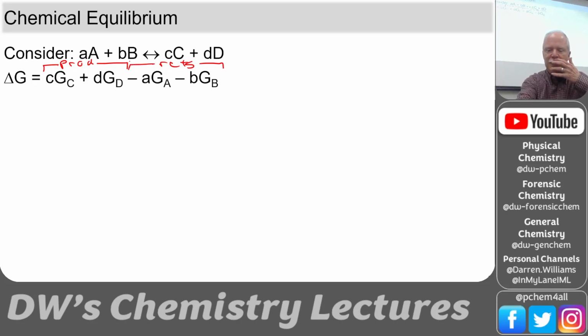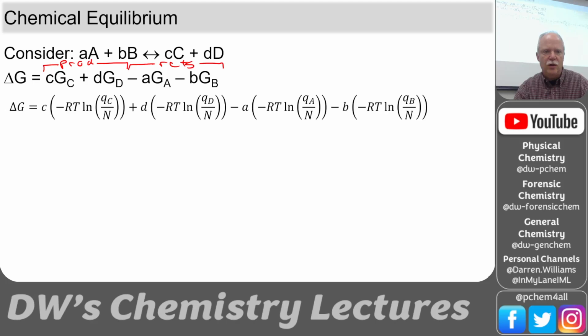And let's put in these Gibbs equations that we just worked on. So we have the Gibbs energy for C right here, and we have the Gibbs energy for A, etc. And then the products minus reactants, this is the minus reactants part right here in front of A and B.